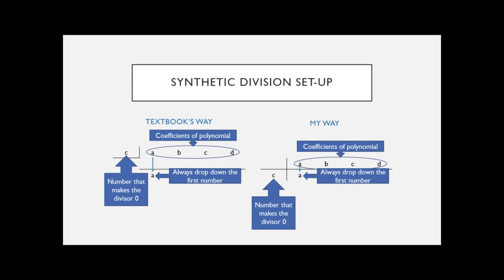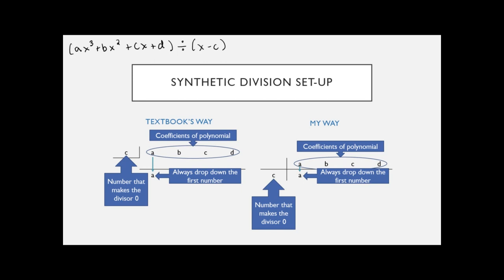So let's say we're given a polynomial ax cubed plus bx squared plus cx plus d, and we're dividing it by x minus c. We don't have any numbers here, we're just using placeholders to show you where everything goes.